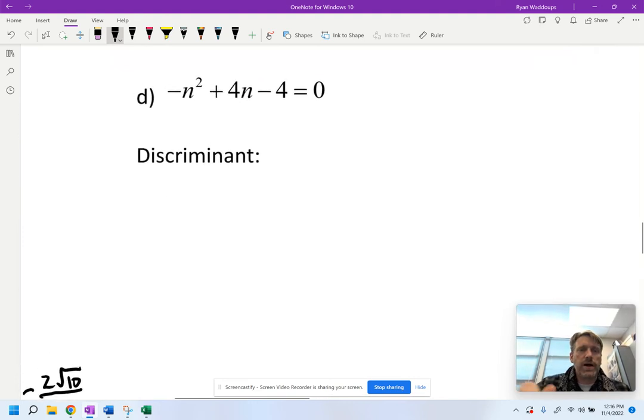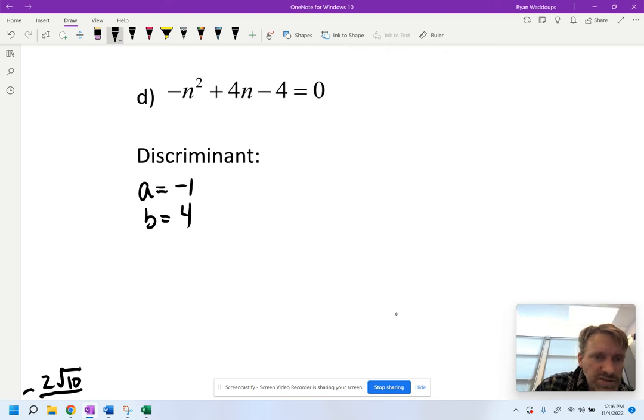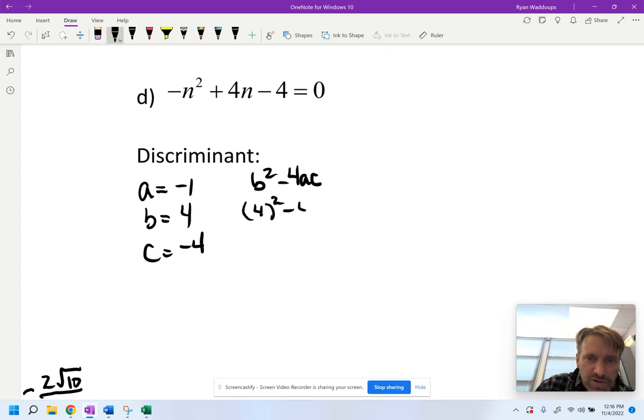All right, the next one. A equals negative 1, B equals 4, C equals negative 4. So the discriminant B squared minus 4AC, B is 4 squared minus 4 times A, and A is negative 1, and C is negative 4.